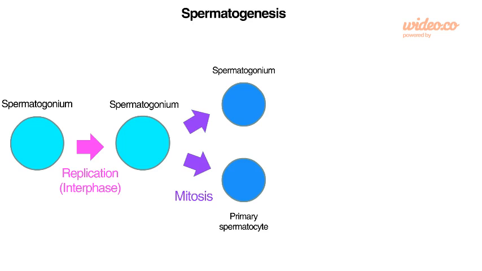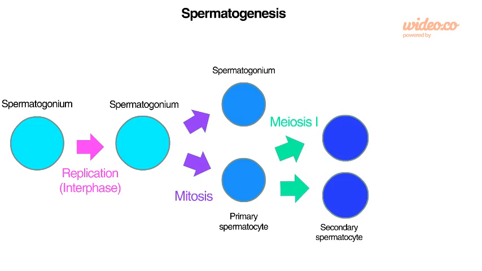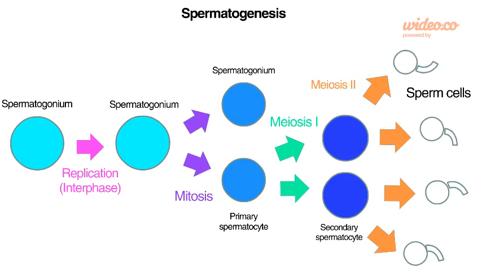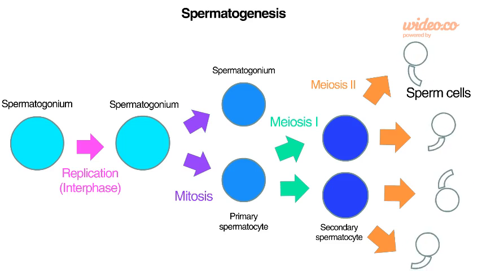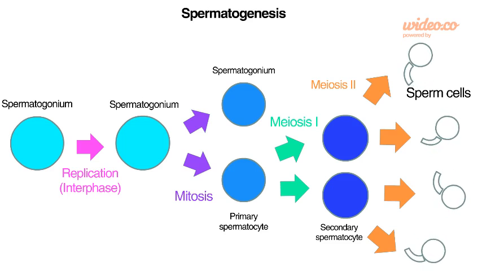Next, the primary spermatocyte divides by meiosis to produce secondary spermatocytes, which now have sister chromatids. The secondary spermatocytes divide again, which yields 4 spermatids. These spermatids later mature into sperm cells, each having single chromosomes and are thus haploid.